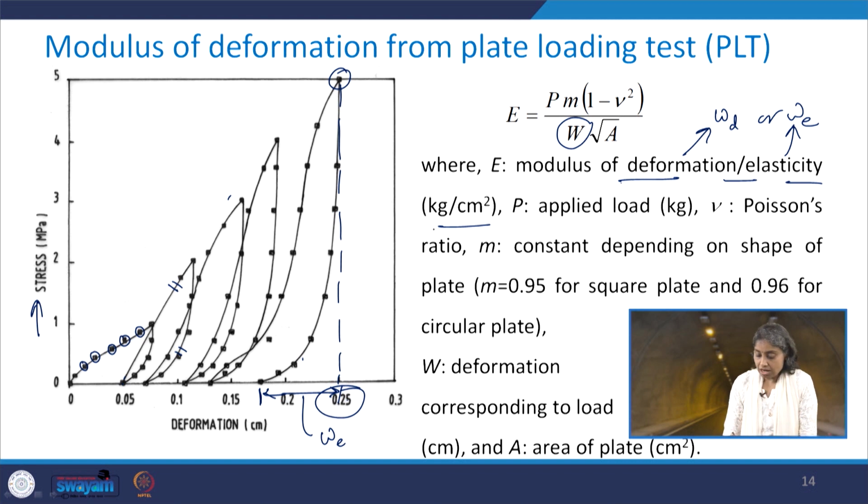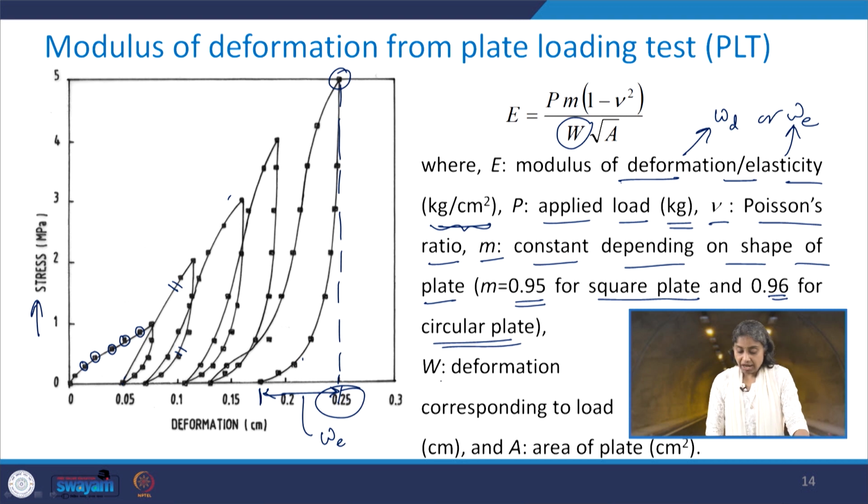The units are kg per square centimeter. P is the applied load in kg, nu is the Poisson's ratio, m is the constant depending on the shape of the plate, equal to 0.95 for a square plate and 0.96 for a circular plate. W is the deformation corresponding to the applied load P, and A is the area of the plate.